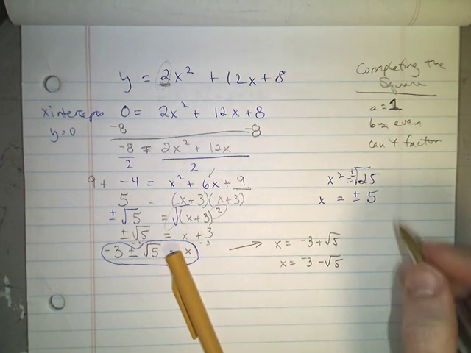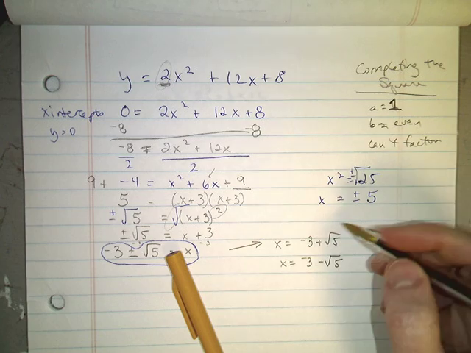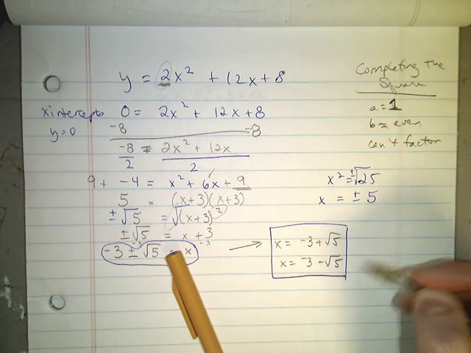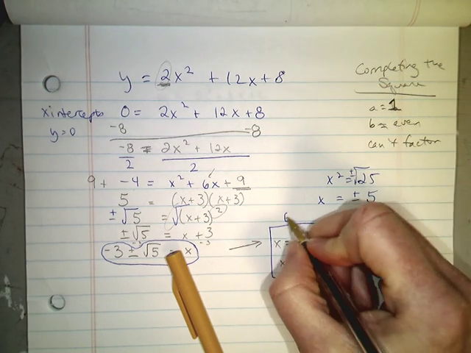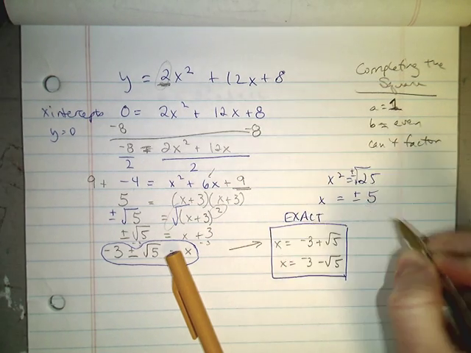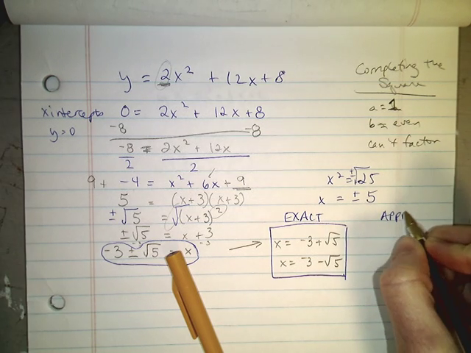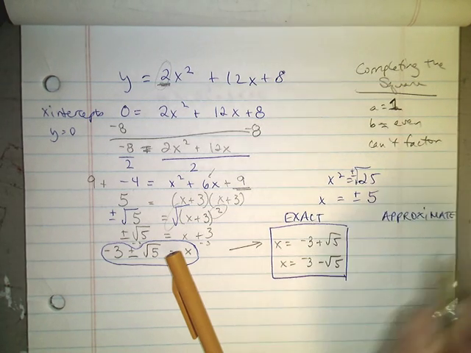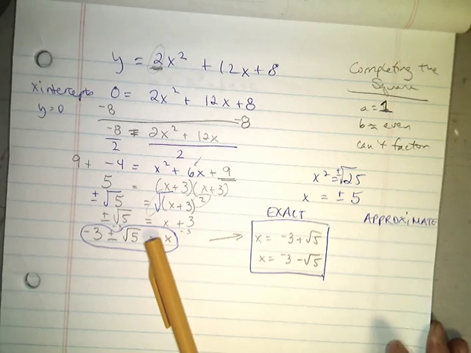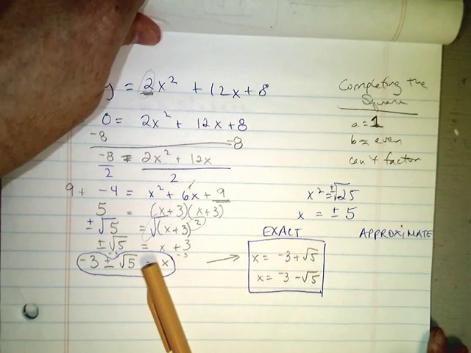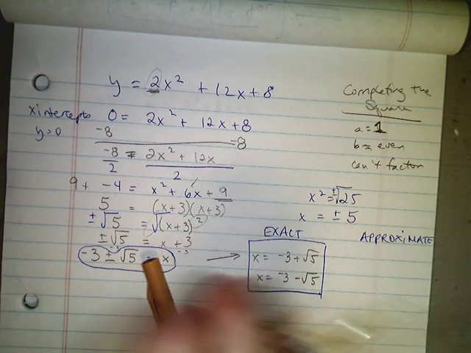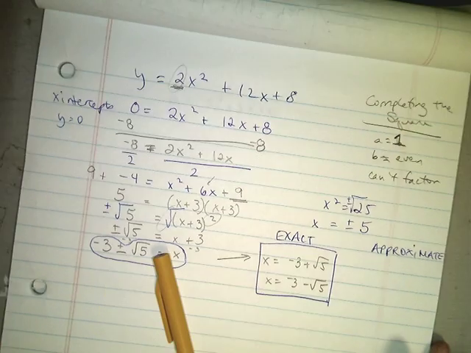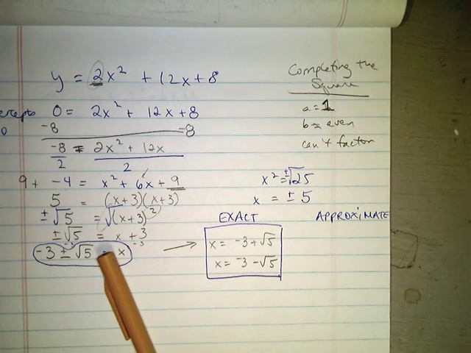The square root of 5 is about 2.2. So this is my exact x-intercepts, exact values. When I ask you to approximate it, or anybody else asks you to approximate it, you are going to be able to say that you are finding about what your radical is worth in order to simplify and know about where your x-intercepts are.